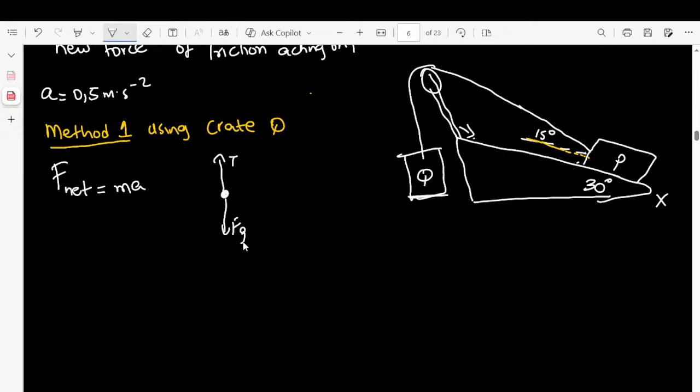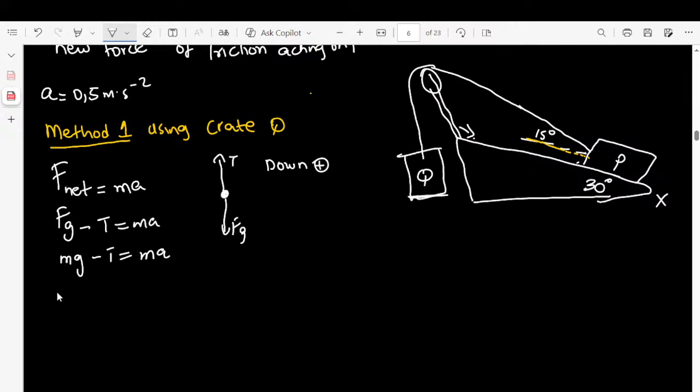Remember we set down as positive. Then we take Fg minus the tensional force, equate this to MA. So mg minus T is equal to MA.